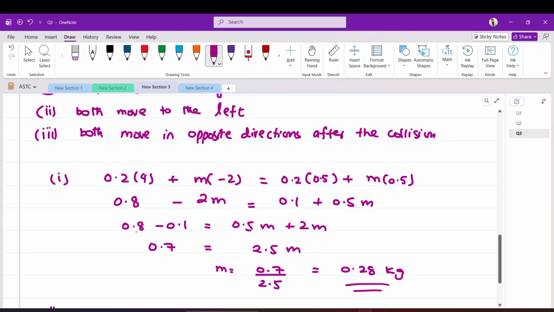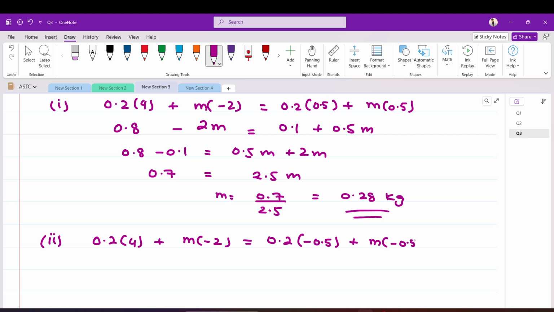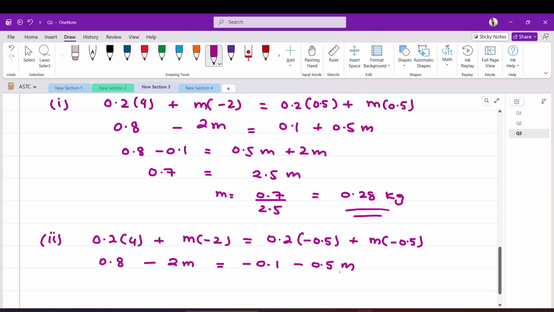Second possible value can be if both of them move to the left. Then the initial part remains the same. However, here now we have 0.2 times minus 0.5 plus m times minus 0.5. Okay, so this will be 0.8 minus 2m equals minus 0.1 minus 0.5m.